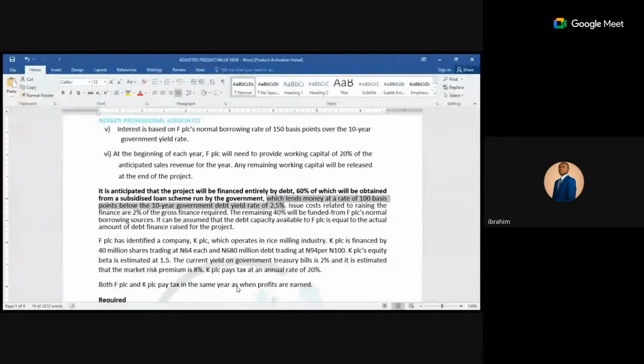Not equity, because the project will be financed entirely by debt, including the working capital. So when you have a subsidized, you will have a commercial rate. Sometimes you will have equity, subsidized, and commercial, just like the first question we solved.